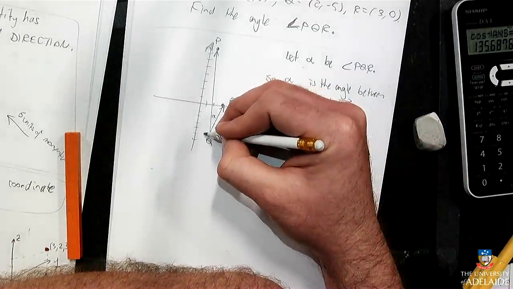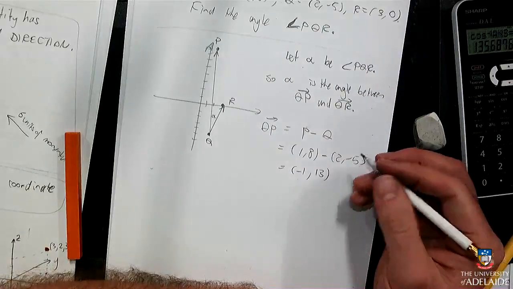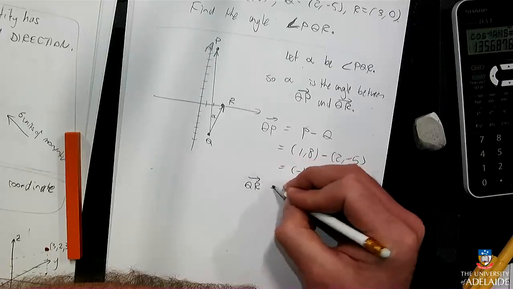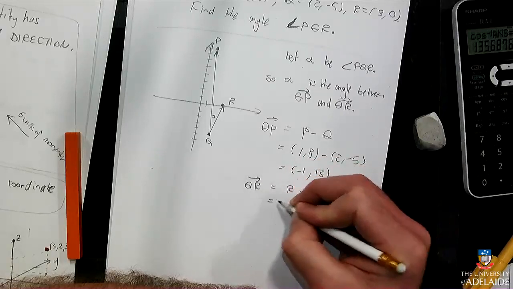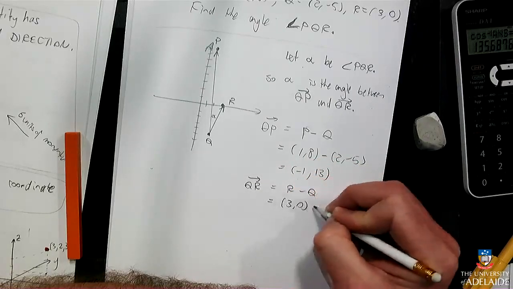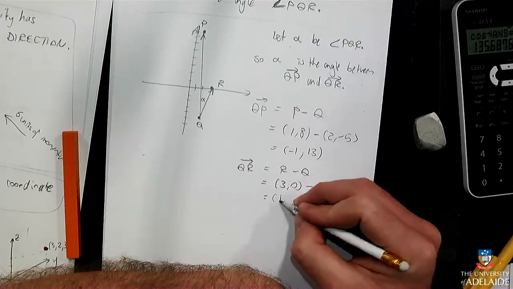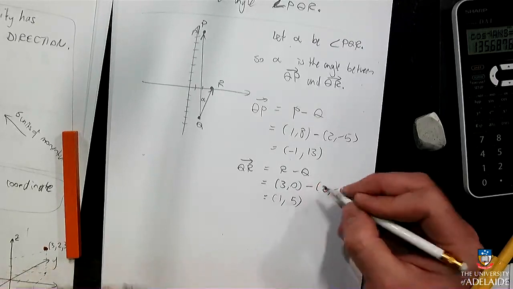So that makes sense. Minus 1 and up 13 gets from Q to P. And QR is R minus Q, which is (3, 0) minus (2, -5), which is 3 minus 2, which is 1. 0 minus -5 is plus 5.